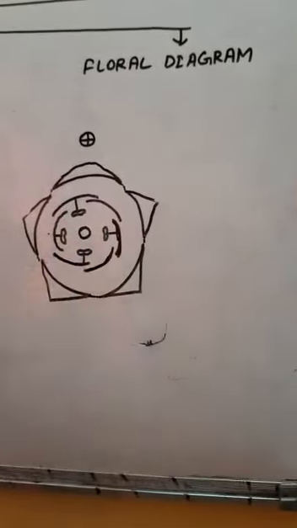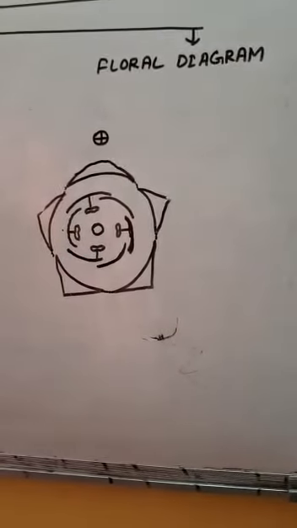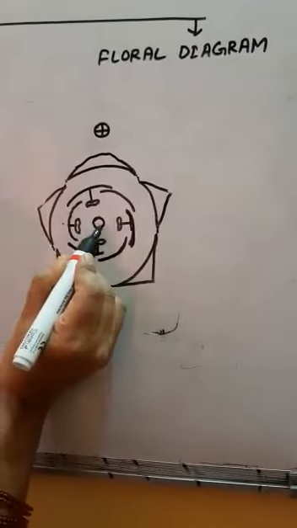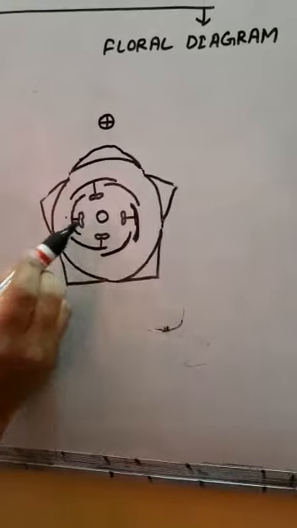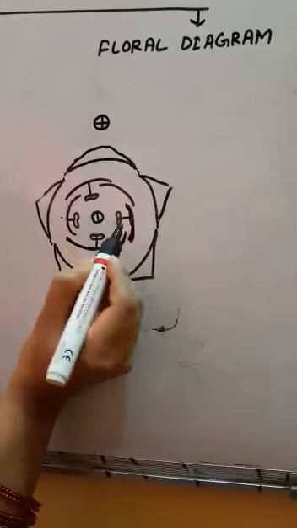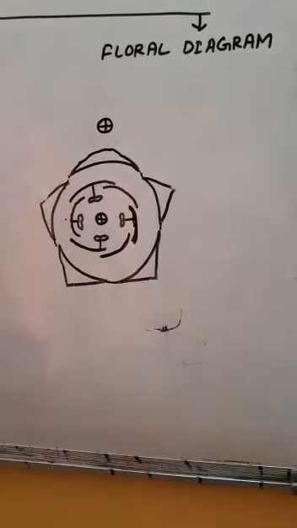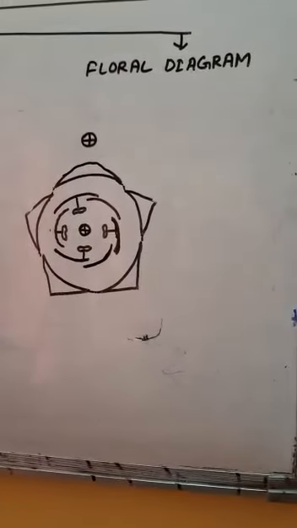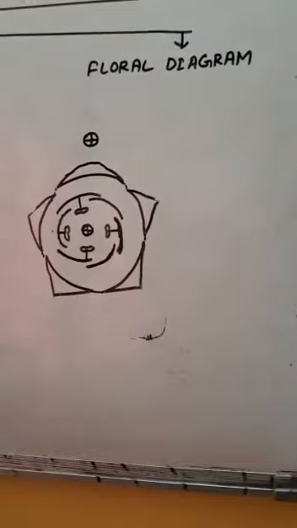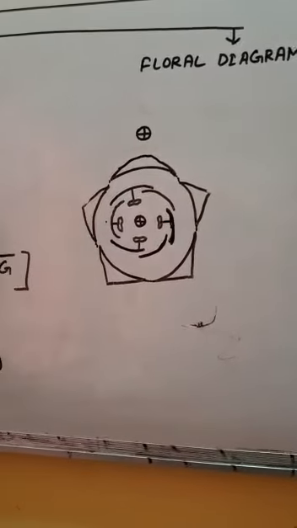So we can count the number of androecium, and this is gynoecium. Again, here the gynoecium is unilocular. You can draw it by or poly also. So with the help of a floral diagram also, some characteristics of the flower can be described.